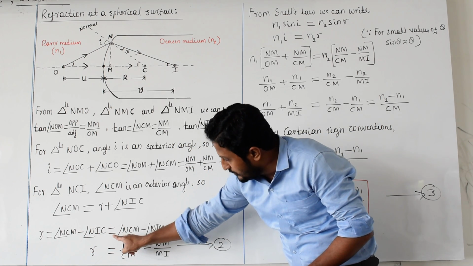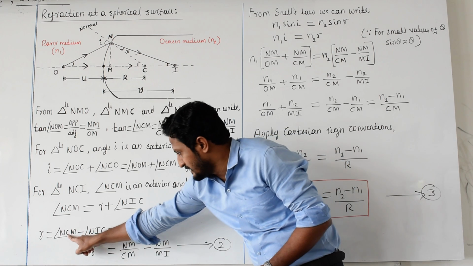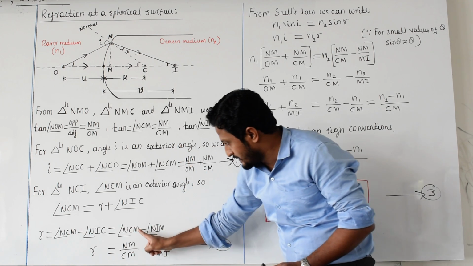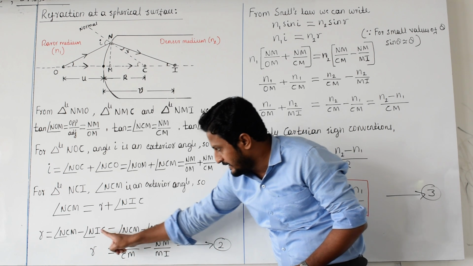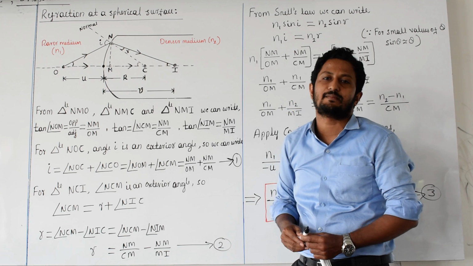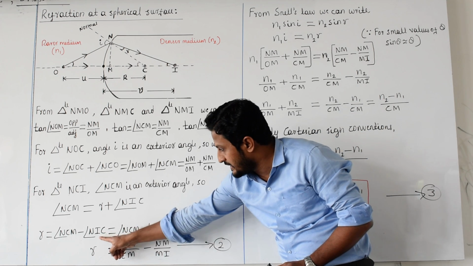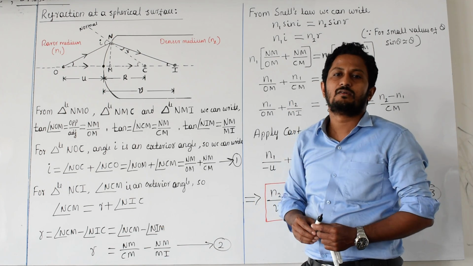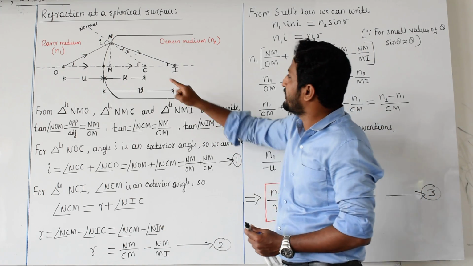Now that NCM I have written as usual, minus as usual, that NIC I replaced by NIM. NIC angle I replaced by NIM. Why? Look at the diagram.